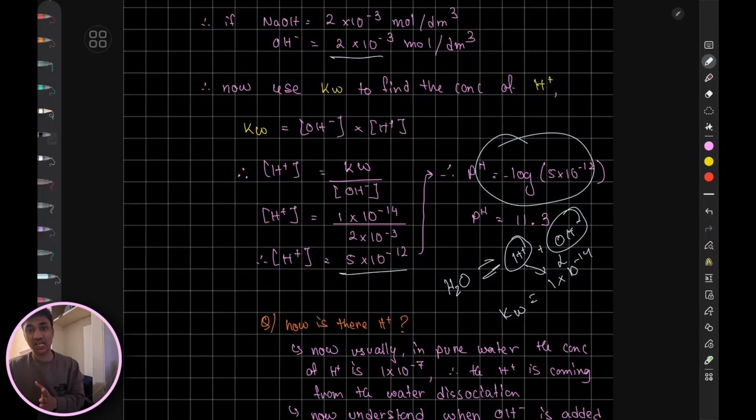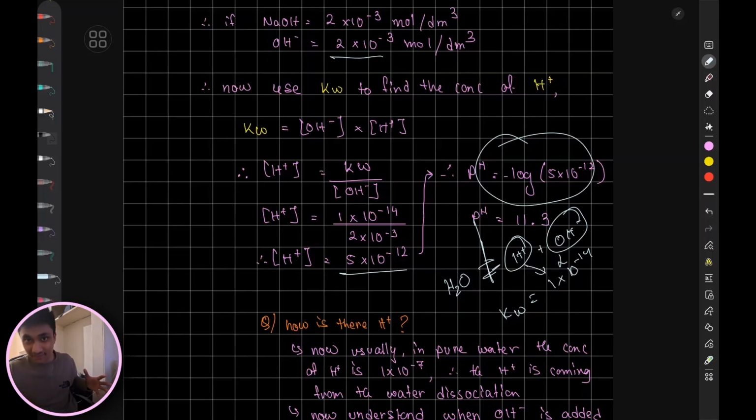And for this to remain true, if OH goes higher, your H plus goes down in the solution. That is why the H plus concentration is decreasing, because OH has increased. You have put in a lot of OH because you have put in NaOH. To compensate for that, H plus goes down to restore the equilibrium.